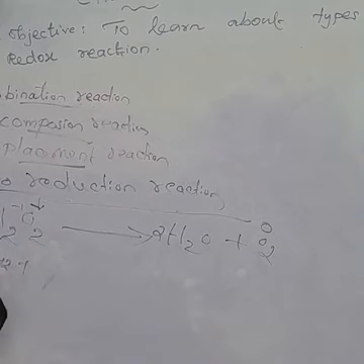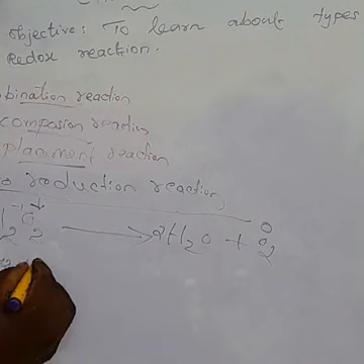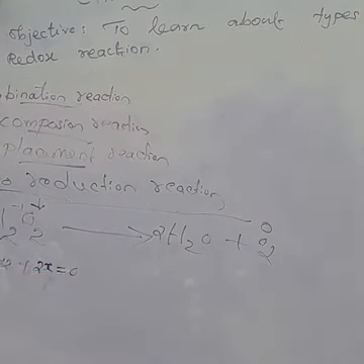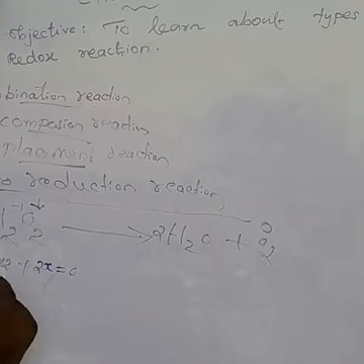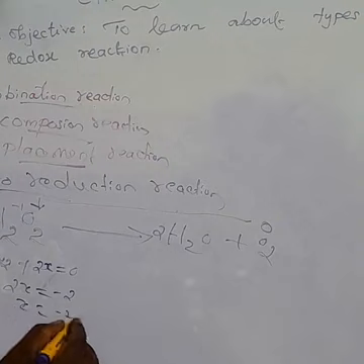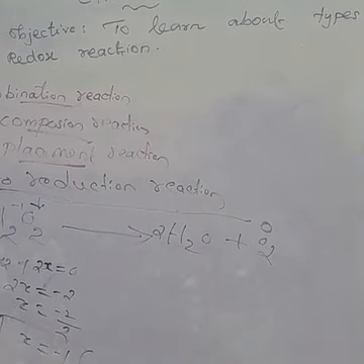So we are taking +1 into 2 and 2x is equal to 0. Am I right? So 2x is equal to -2. Clear? X is equal to -2 by 2. So x is equal to -1. Clear? If you have any doubt, please ask me.